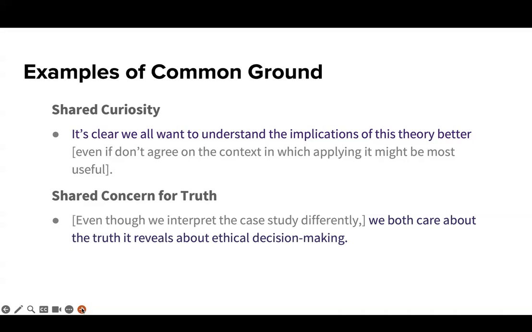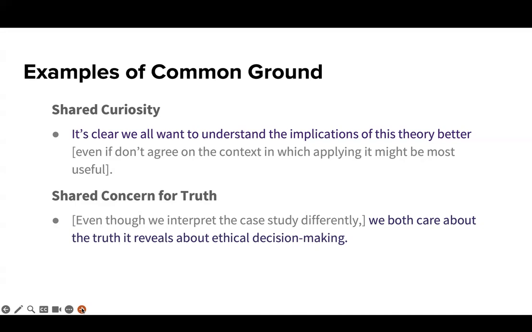People can also speak and write from a shared position of concern. Here we've got a shared concern for the truth. Even though we interpret the text differently, we both care for the truth it reveals.